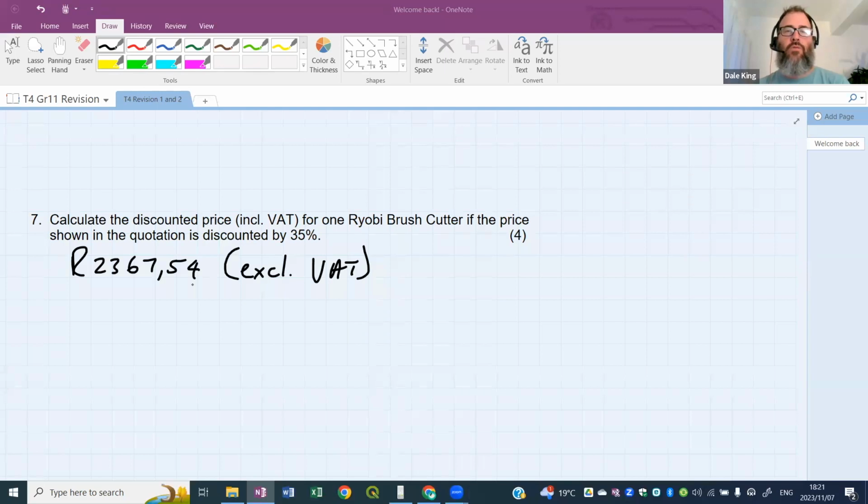So work out 35% of the price you see there, of this value here, and drop it down by that value. And then don't forget, once you've dropped the price by 35%, we need to work out what is the new price with VAT.